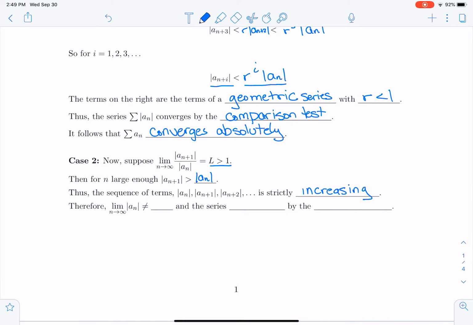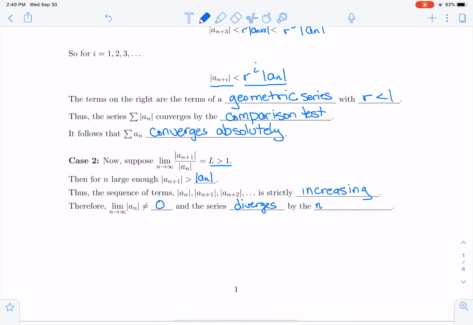Well, if we have a sequence of increasing terms, not just increasing terms, but increasing positive terms, the limit of that sequence cannot be 0. And so that means that the series diverges. And it diverges because the terms don't go to 0.